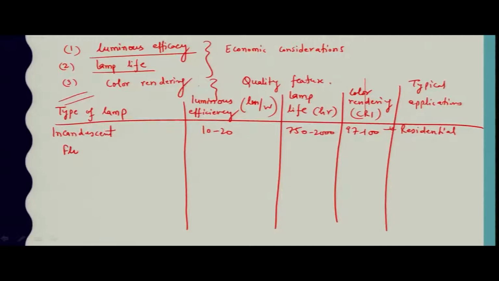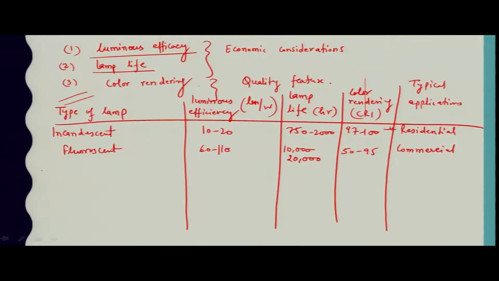As far as fluorescent lamp is concerned, its luminous efficacy is 60 to 110, its lamp life is near about 10,000 to 20,000 hours, and its color rendering is 50 to let's say 95, and it is used for commercial purposes.